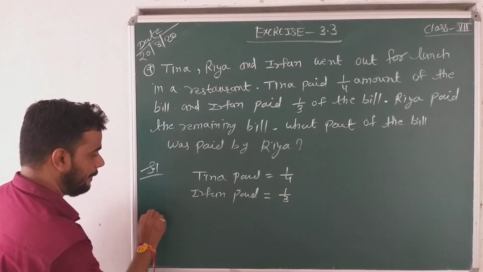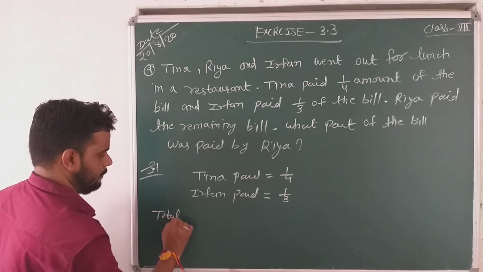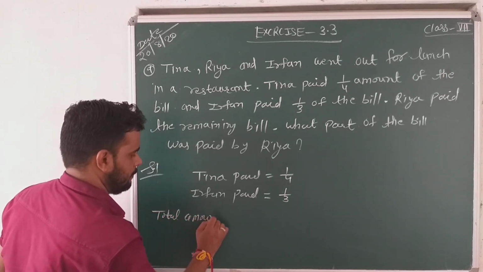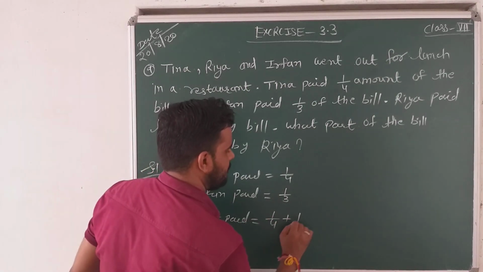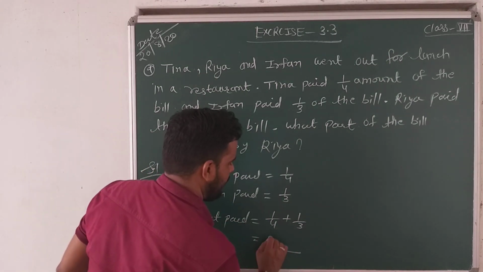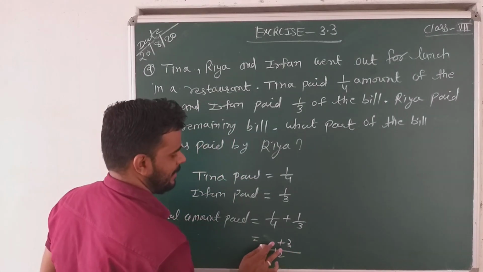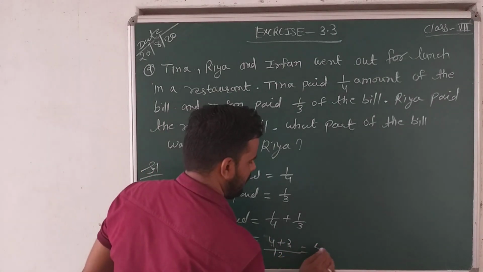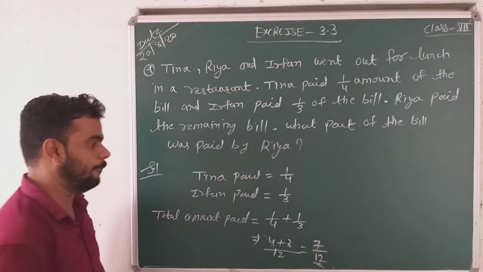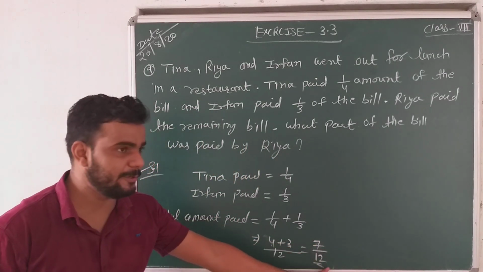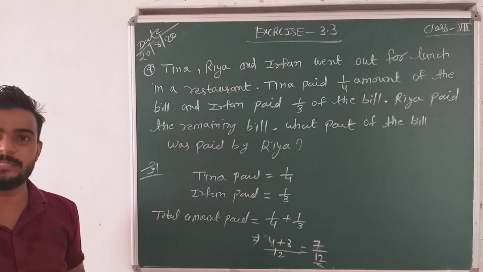So total amount paid is 1 by 4 plus 1 by 3, so the LCM is 12, and 4 plus 3. Now I will write directly, as you already know how to solve. So they both paid the amount 7 by 12, and the left amount is paid by Ria.